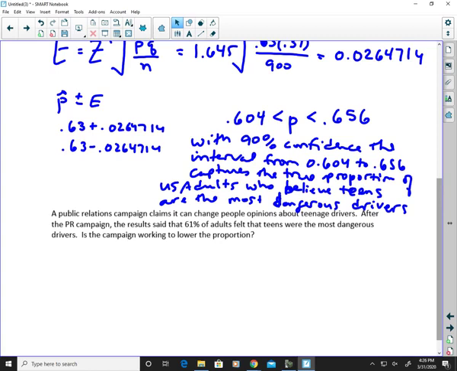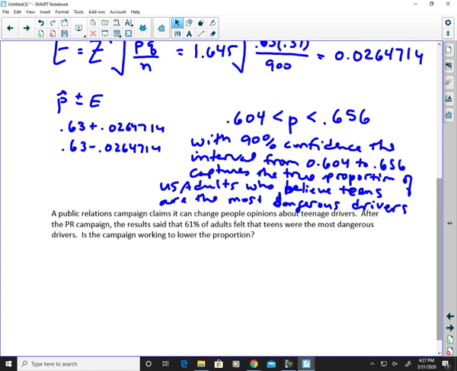So I paid big bucks to this public relations campaign, and they did their campaign. And after the campaign, somebody went out and took a new sample, brand new. And this time they got 0.61 of adults feel that teens are the most dangerous drivers. Is this campaign working to lower the proportion?